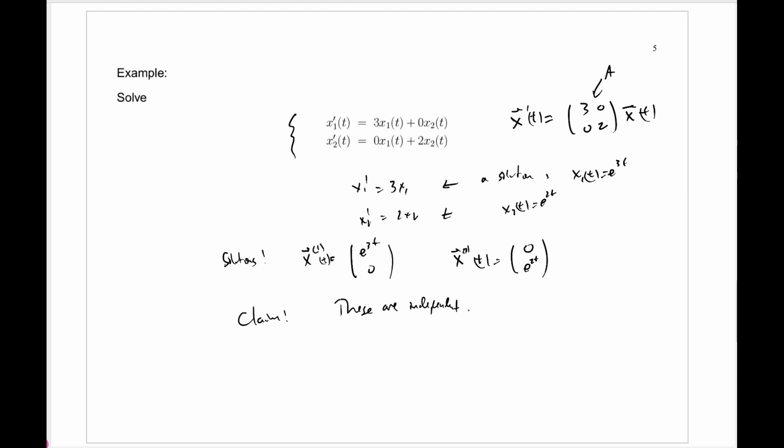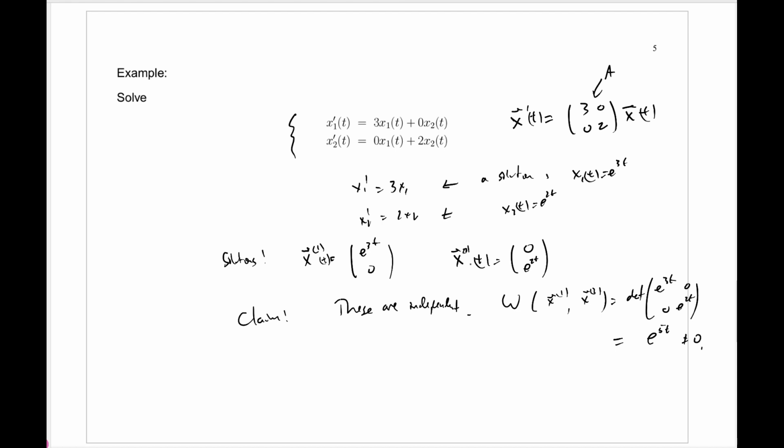That's very easy to see here. The Wronskian of x1 and x2 is just the determinant of this matrix, e to the 3t, 0, 0, e to the 2t, which is easily seen to be this times this, which is e to the 5t, which is, of course, never 0.